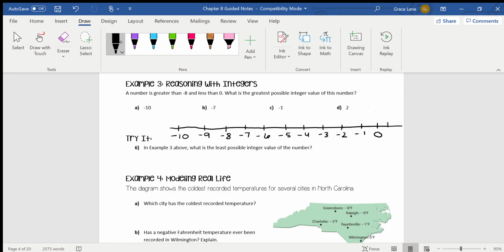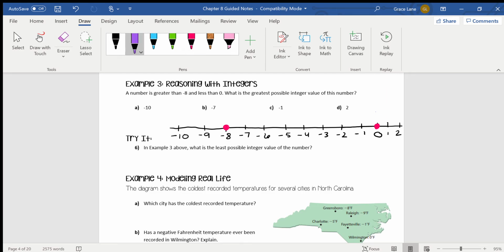I'm going to try to put 2 because letter D is talking about 2. So if we mark our barrier here, it says we're talking about numbers between -8 and 0. So here's -8, here is 0. If you look at your 4 choices, you can automatically get rid of 2 of them.